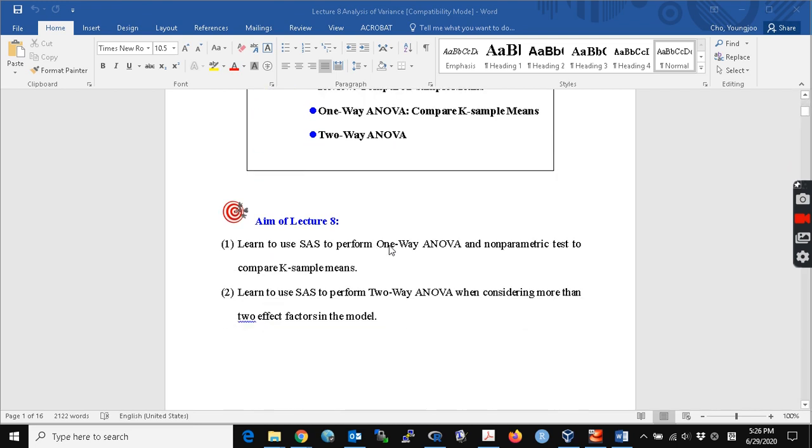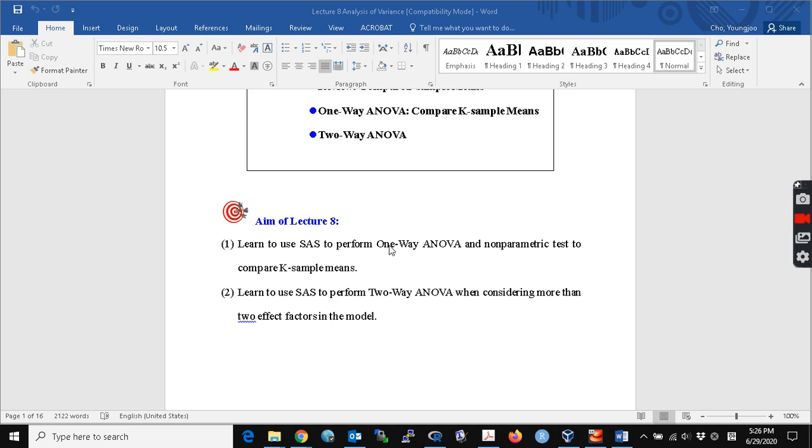By using this analysis of variance, you can evaluate the effects of the factors. And especially since this is experimental design, you can build up the causality here.